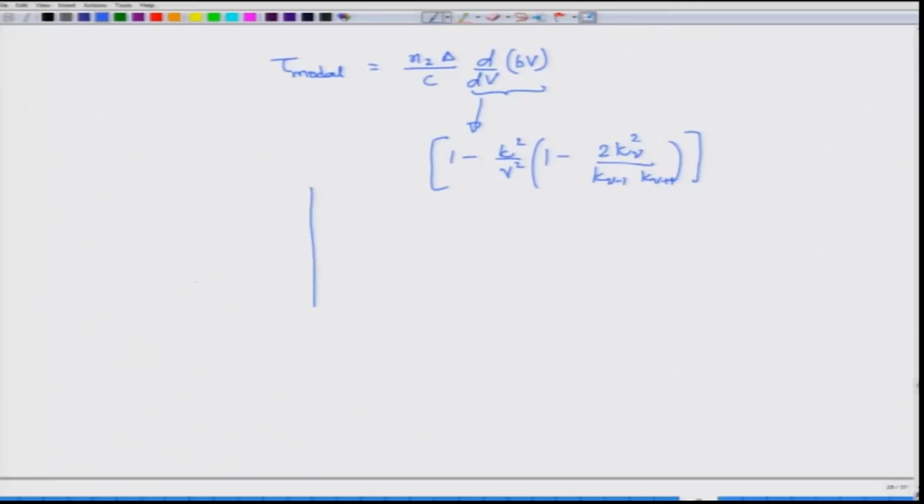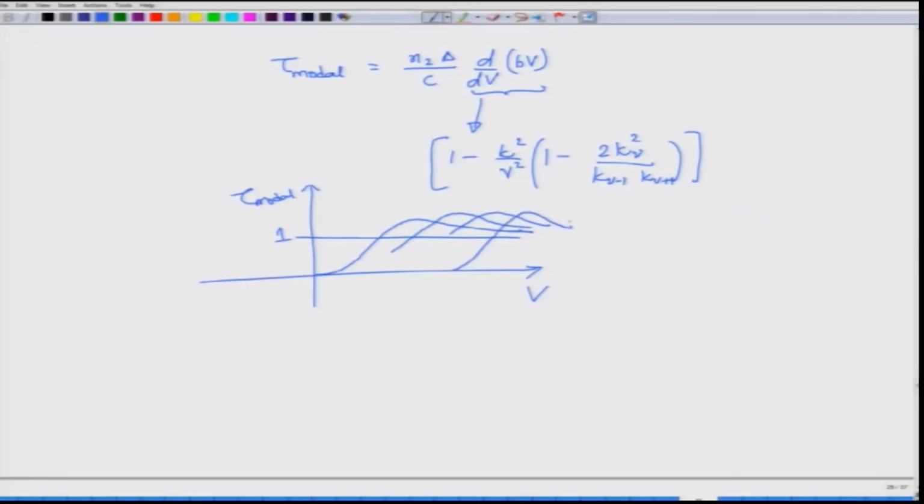And if you plot this tau modal, as Gloge has plotted in his paper, with respect to V, you will see that for the 01 mode you will see something like this. The normalized modal delay will be 1, and most of the modes asymptotically reach this 1, but different modes behave differently. For example, the 11 mode would look something like this, then you have the 21 mode which goes something like this, then you have the 02 mode which goes something like this.